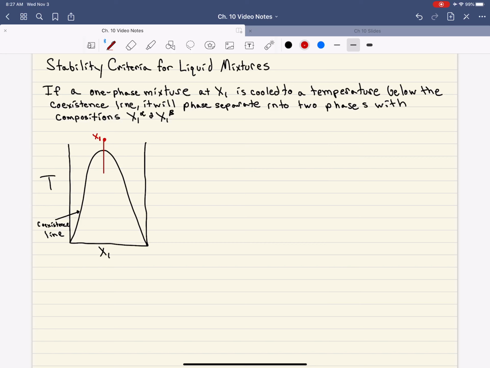Now that we're inside the coexistence line, the system is going to want to phase separate. As a result, the mixture will phase separate into two domains, in which one phase now has a composition of x1 alpha, and another phase has a composition of x1 beta. All right, that's the idea of what's going on.